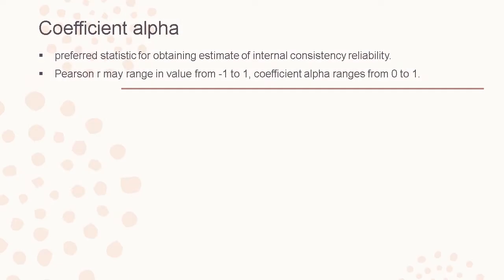You may hear it as coefficient alpha 20, the latter as referenced KR20. Coefficient alpha is a preferred statistic for obtaining an estimate of internal consistency reliability.